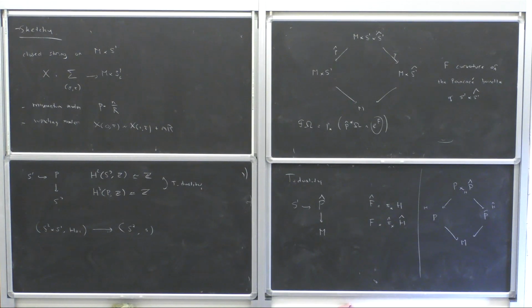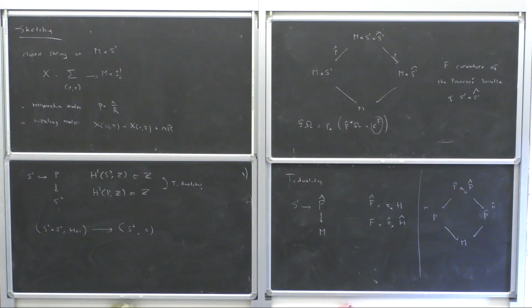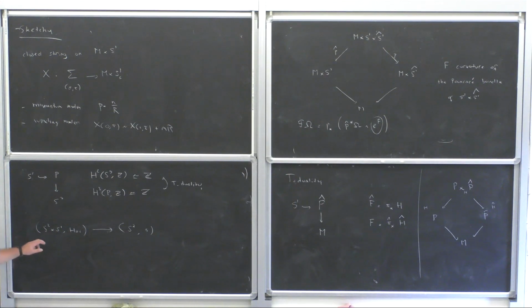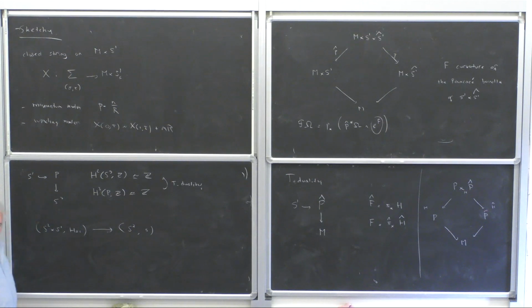So the claim is that string theory on these two spaces with these backgrounds are indistinguishable. So string theory actually doesn't distinguish the topology of the manifold. You can have equivalent string theories, but which live on manifolds which are topologically distinct. And that's sort of amazing.